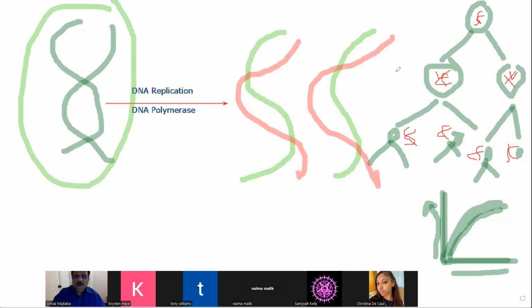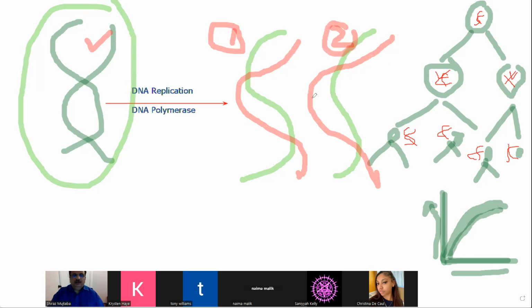I purposefully drew these so that the old parent strand is greenish, and the new is red. So this is the parent DNA, and these are the two daughter DNAs.